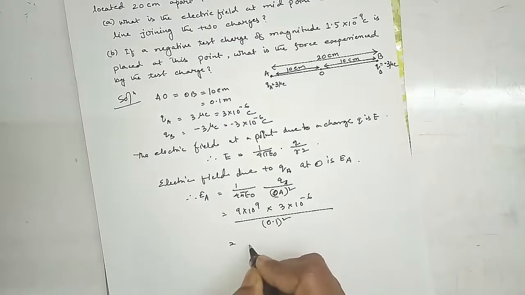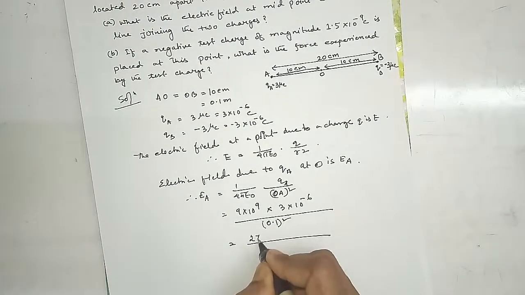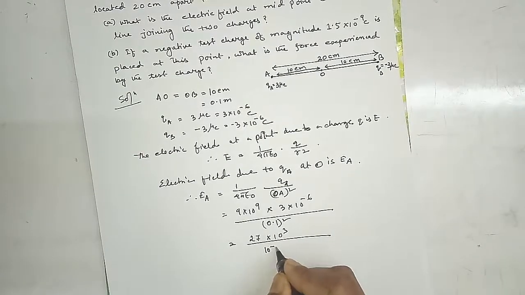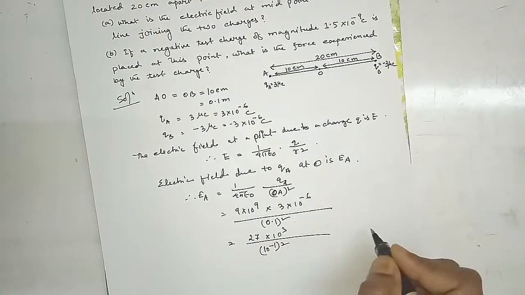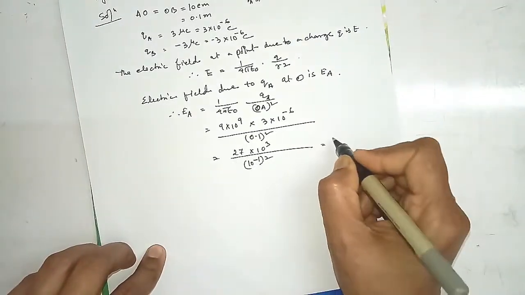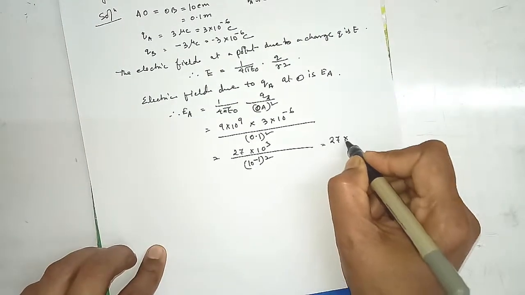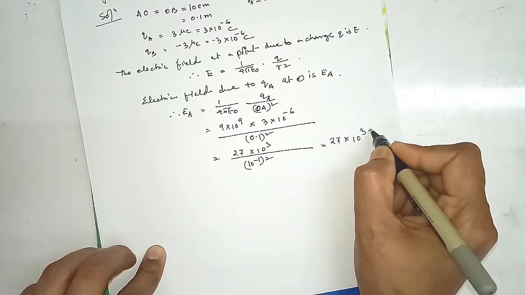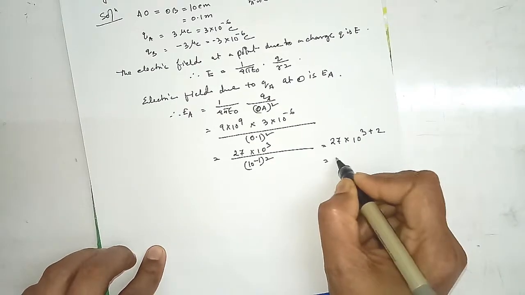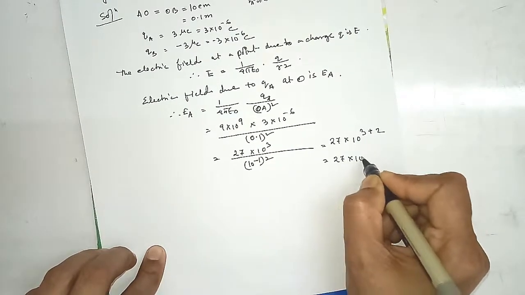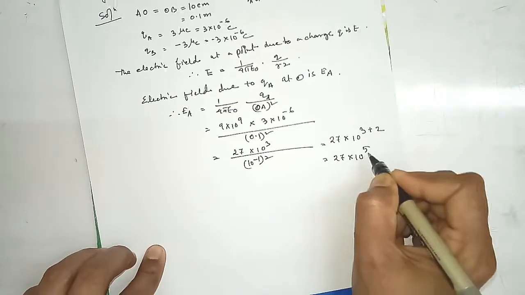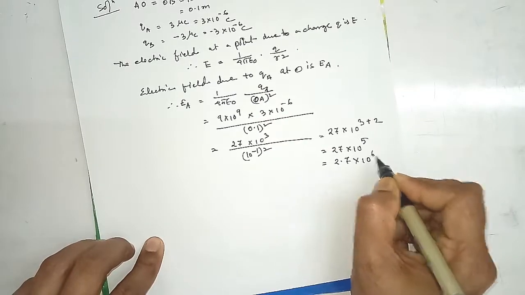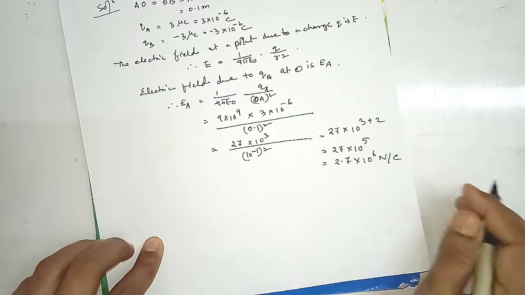Okay, so 27 into 10 to the power 3 by 10 to the power minus 1 whole square. Okay, now we can write that 27 into 10 to the power 3, so plus 2, so which is 27 into 10 to the power 5. So इसको हम लिख सकते हैं 2.7 into 10 to the power 6 Newton per coulomb.